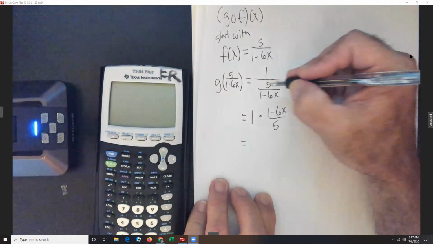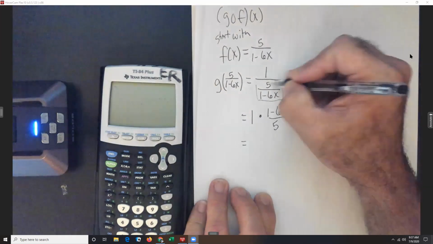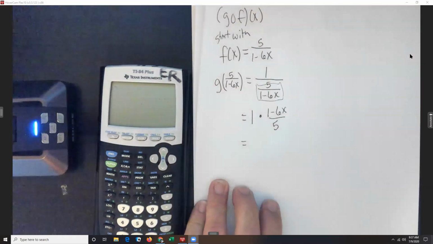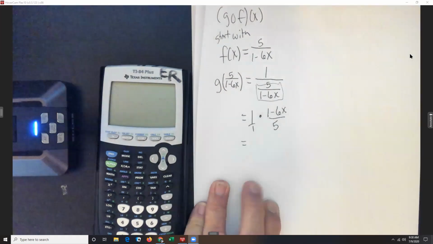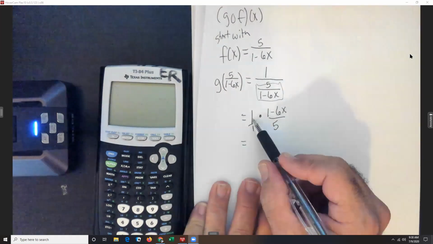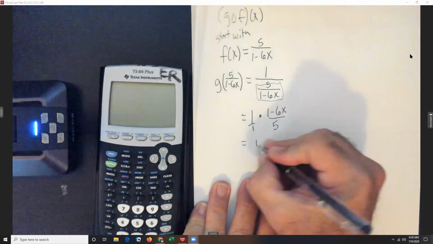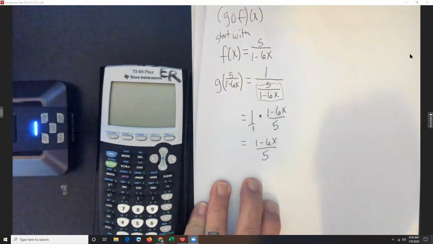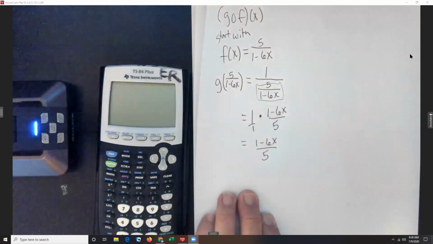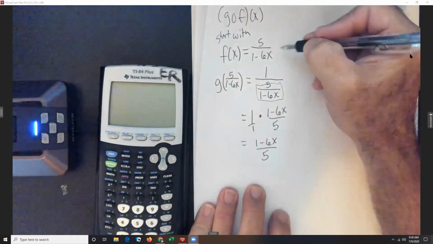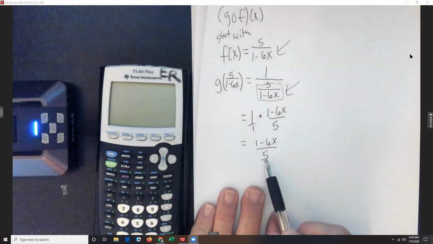You just got to make sure you got one single fraction on the bottom to do that, okay? All right, treat the 1 like it's got a 1 under it. Multiplying straight across, you get 1 minus 6x over 5. If you notice on this one, the only thing that's ever on bottom that bugs me is 1 minus 6x. That 5, since it don't have a variable, we don't care about that, okay?